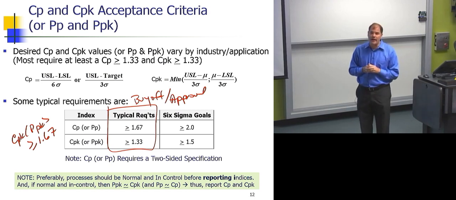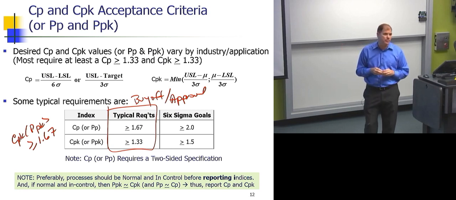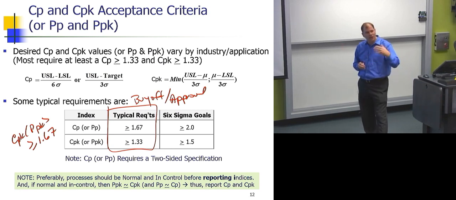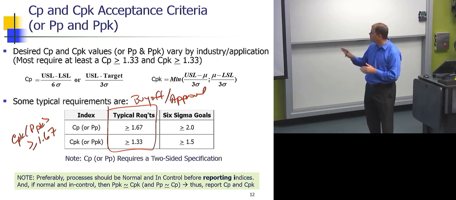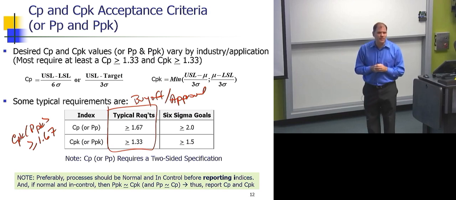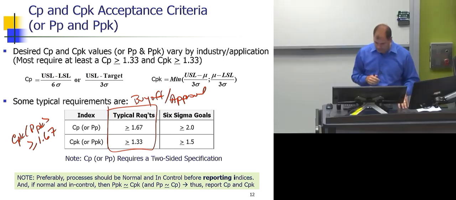CPK of 1.5, if I went to a normal distribution table, that's the same as 3.4 per million if I have that level of CP. I'll explain this in a later segment on where does the sigma level index come from. But for now, these are the typical industry guidelines that we use to define our quality levels.